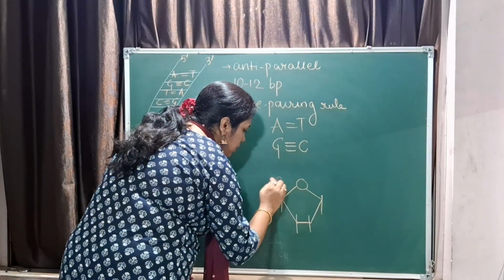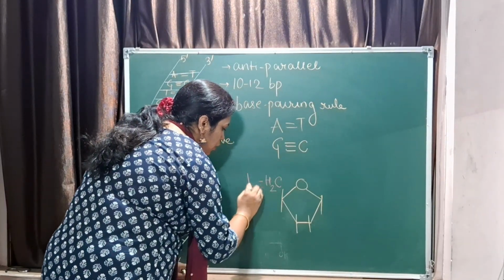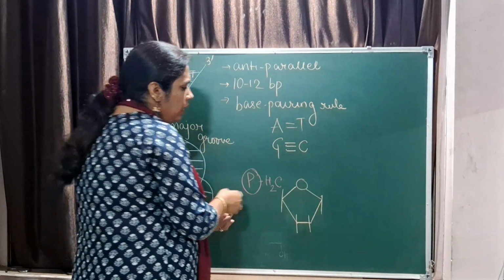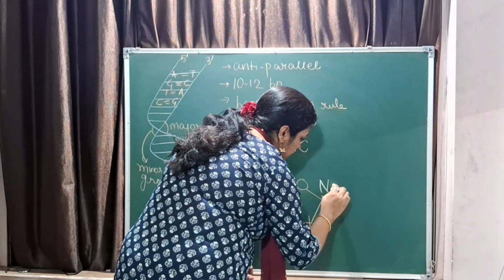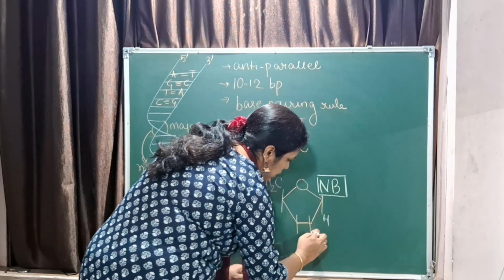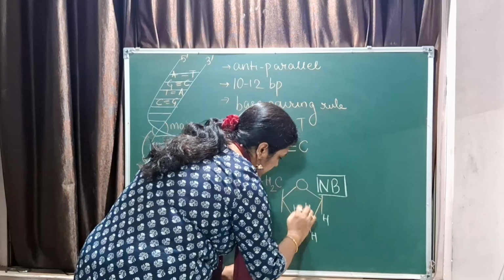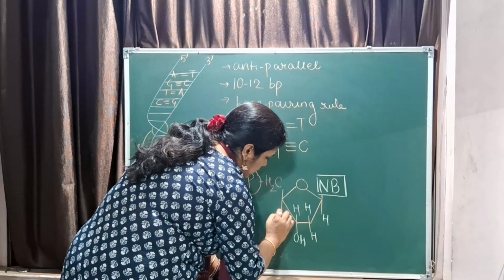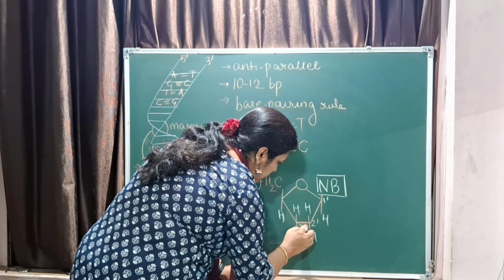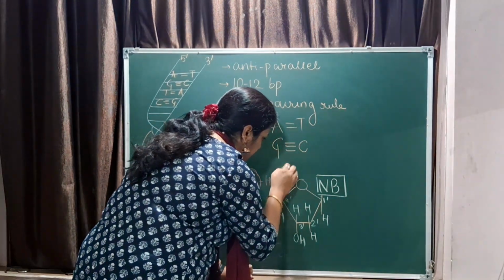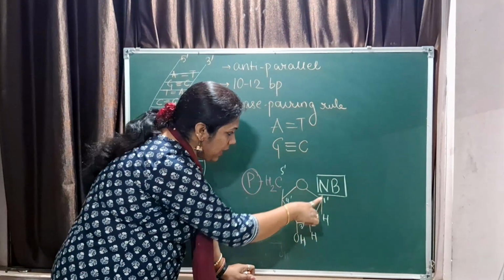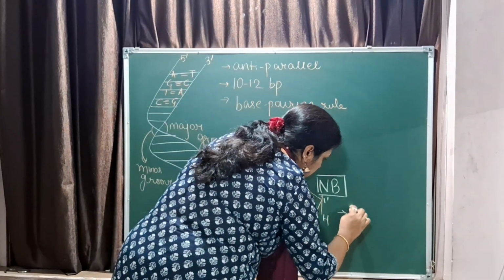Here you have got the phosphate group, okay? And here you have got the nitrogenous base, okay? So this is how the nucleotide looks like, okay? This is 1 prime, this is 2 prime, 3 prime, 4 prime and 5 prime. So this structure of phosphate, sugar and nitrogenous base is a nucleotide.